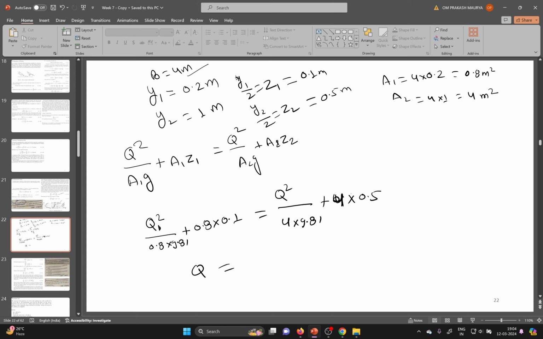Let me calculate. So your Q square into the fraction is equal to 2 minus 0.08.